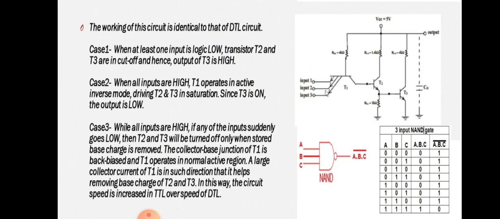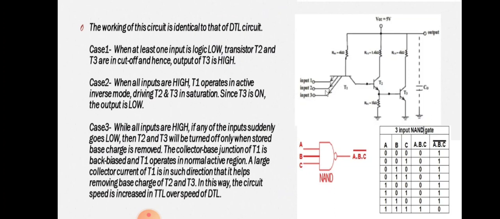Then case 3: while all inputs are high, if any of the inputs suddenly goes low, then T2 and T3 will be turned off when the stored base charge is removed. The collector base junction of T1 is back biased and T1 operates in normal active region.